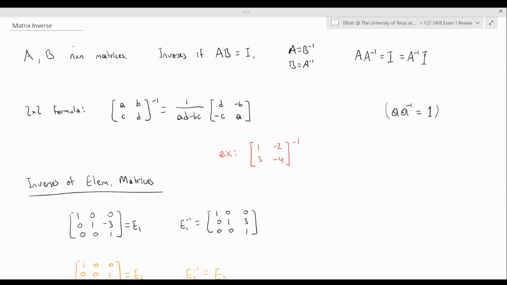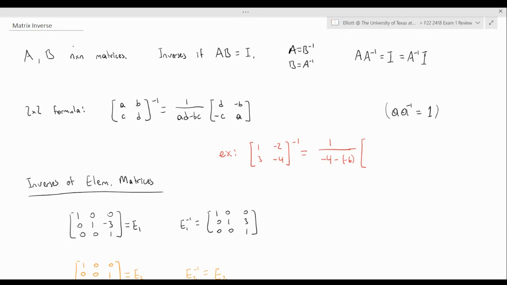To calculate the inverse of this matrix, we would do 1 over, okay, so A times D is 1 times -4, minus B times C is -2 times 3, which is -6, okay? All right, so then in the formula, the diagonal entries will get swapped, okay?